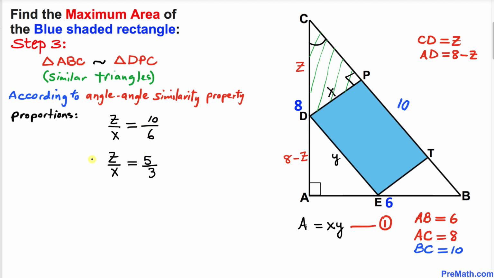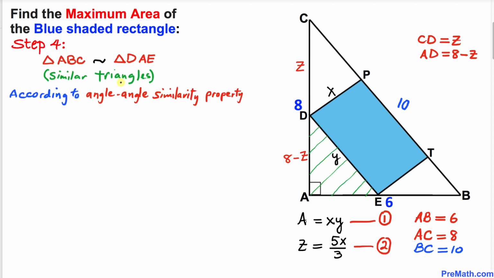Now let's go ahead and multiply both sides by X to isolate Z. So this X and X cancels out. So that means Z turns out to be equal to 5X over 3. Now let me go ahead and call this equation number 2.